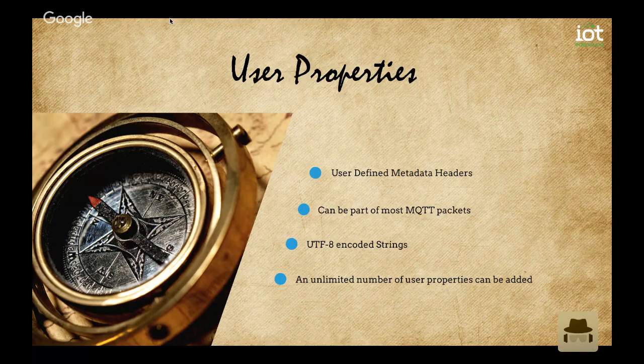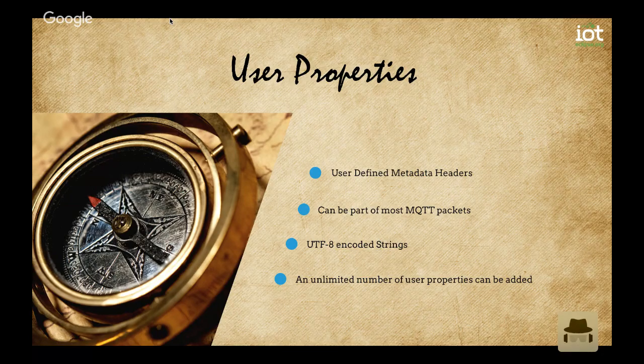Or let's say you have a publisher which has some application specific identifiers, for instance, which you want to parse in the backend without looking into the whole payload of the packet. You can just add a header here, and the backend applications can just get out the header without decoding the whole message, and so on.